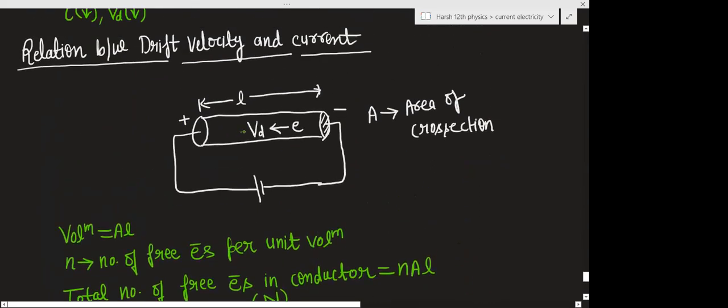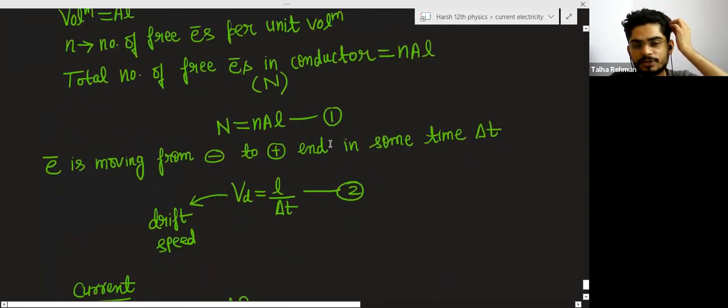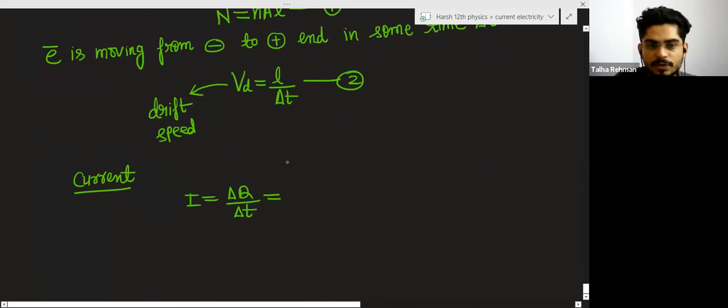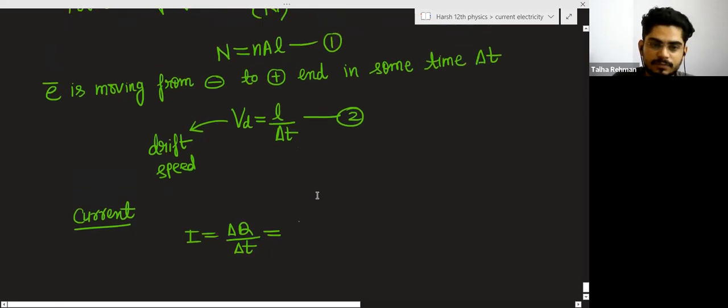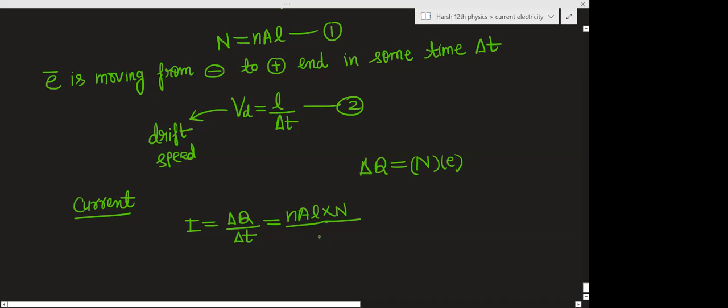Charge is flowing in this direction, delta Q. The charge here is carried by electrons, and on one electron there is charge e. So on capital N electrons, delta Q is N into charge on the electron, and N is small n A L, divided by delta t.